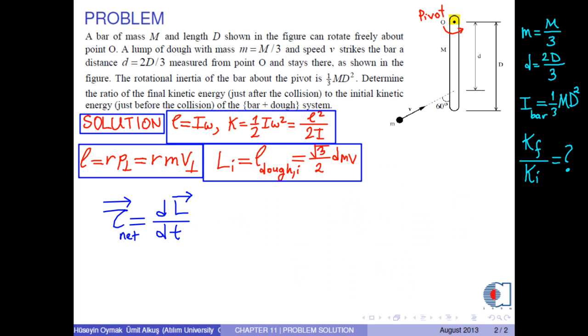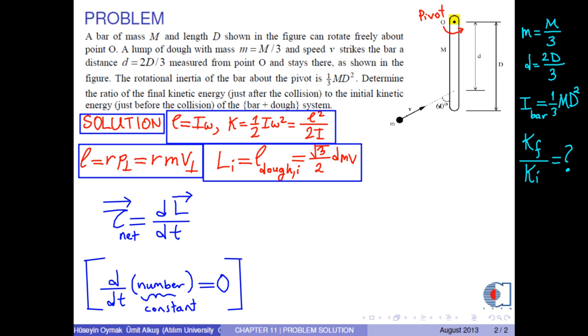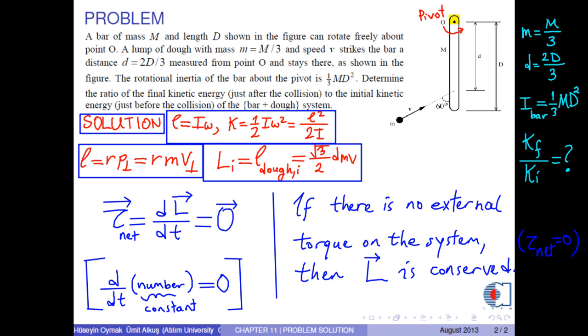Remember that the derivative of a constant quantity is 0. Therefore, if there is no external torque on the system, then angular momentum L is conserved. This means that initial angular momentum is equal to the final angular momentum.